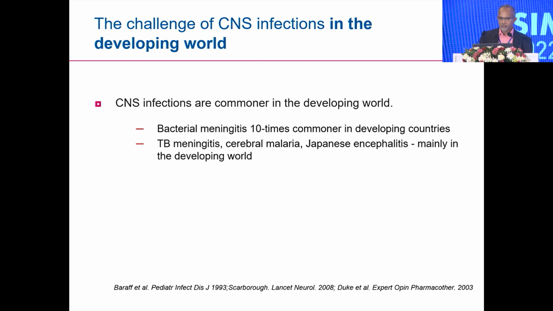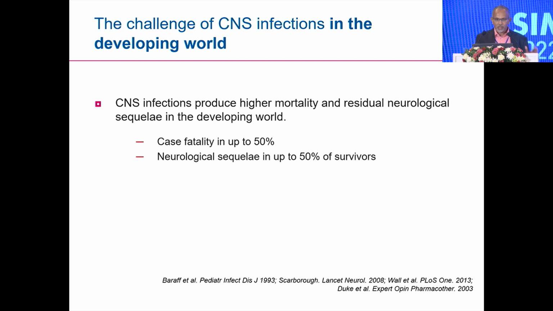But the problem in countries like ours, the developing world, we have just been upgraded to a low-middle income country from low-income, is that CNS infections are a lot commoner, whether bacterial, TB, viral, or malaria.